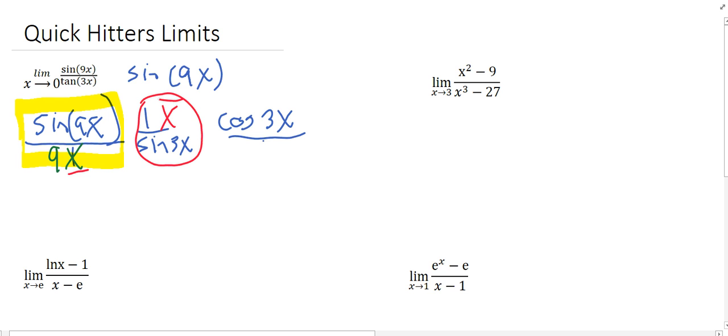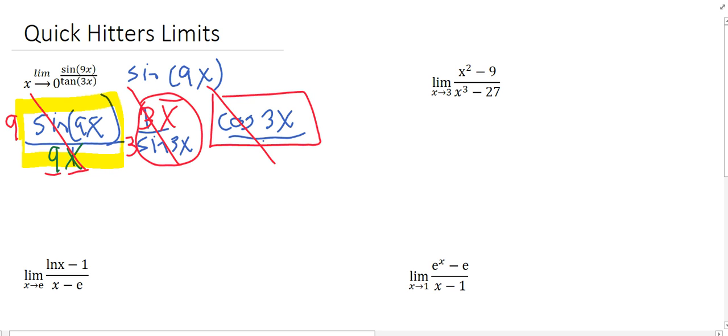So I haven't changed the value. x over x is still equal to 1. But I do need to account for this 9 here. And this needs to be 3x. So I'm going to put a 3 right here. And the cosine of 3x, if I plug in a 0 for that, the cosine of 0 is equal to 1. So all of this is just equal to 1.